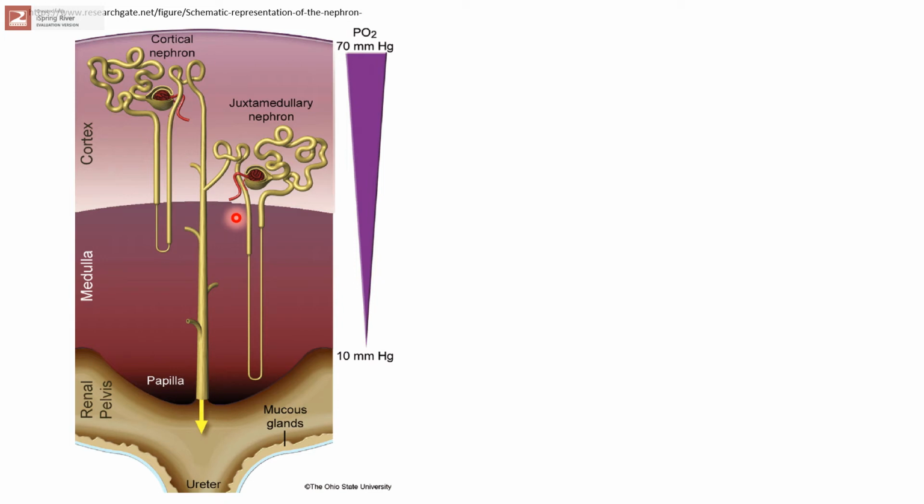Since they have a really long loop of Henle, they enable the kidneys to conserve a lot of water and secrete hypertonic urine. So that's why the juxtamedullary nephrons are important. They play a major role in conservation of water and maintaining the osmotic gradient of the medulla.